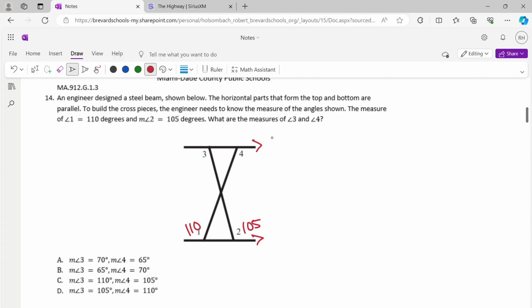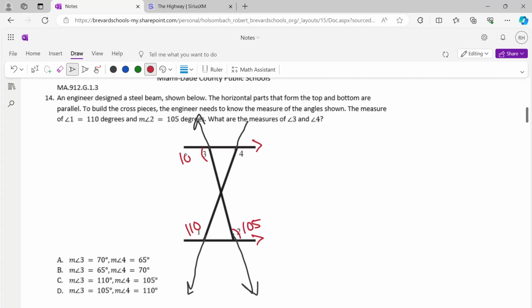Well, since the top and the bottom are parallel, then these become transversals. These diagonals are both transversals. And angle 3 is an alternate interior angle to angle 2.